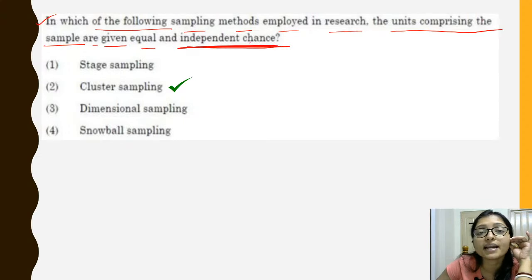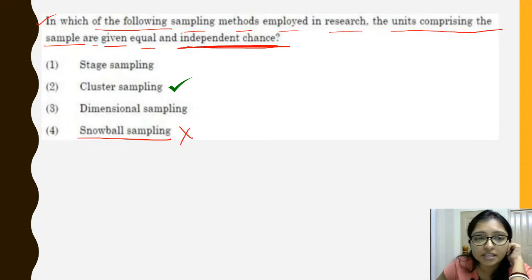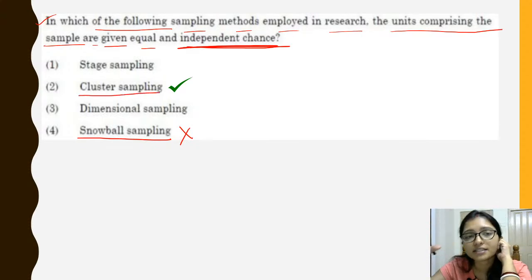It is an independent chance. So where is the independent chance? Stage sampling, no. Snowball sampling, no, because it is not independent, it is dependent on others. Definitely snowball sampling is not there. And independent cluster means when you are making the cluster, then it should be independent.